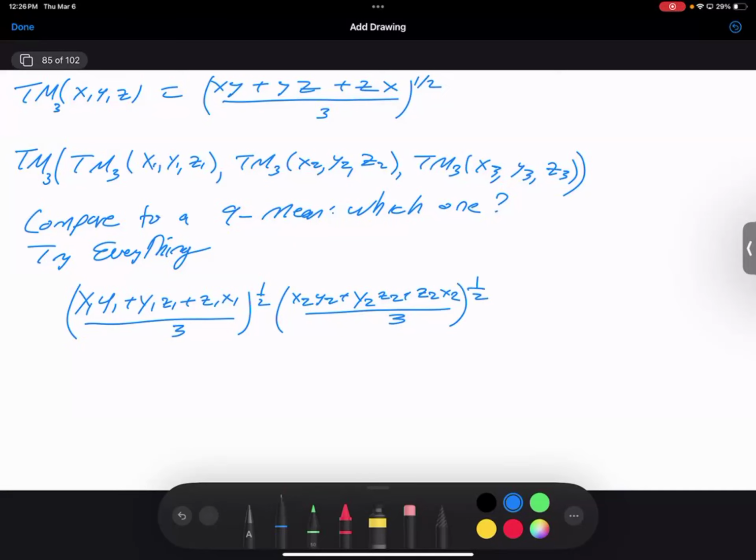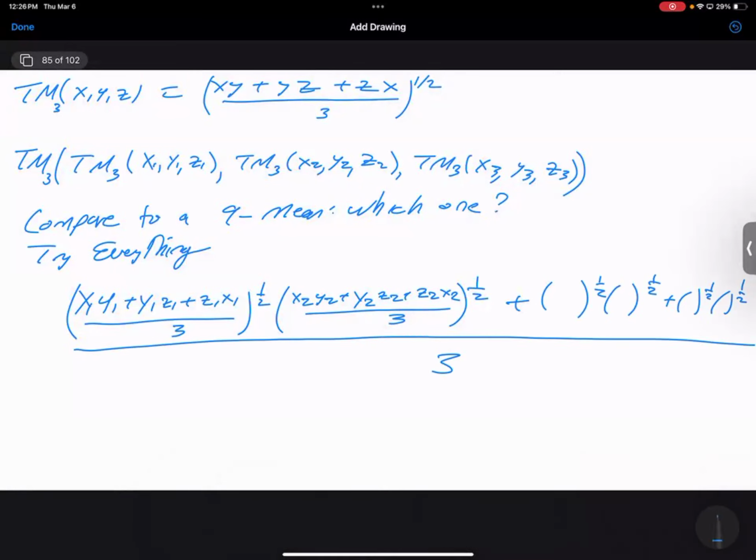That's the first piece, right? Then I have 2 more pieces. Then I divide this by 3.